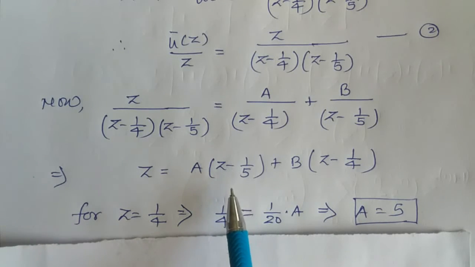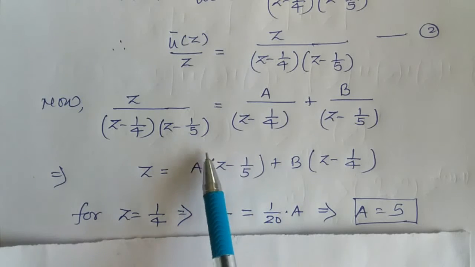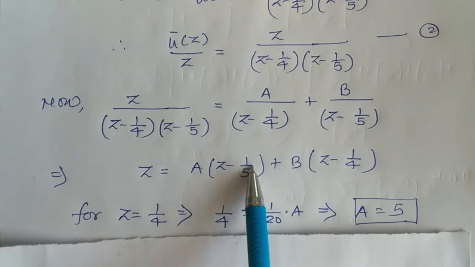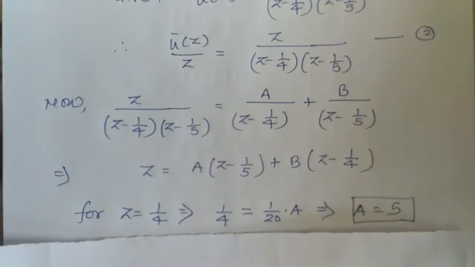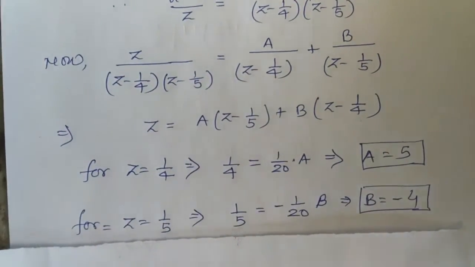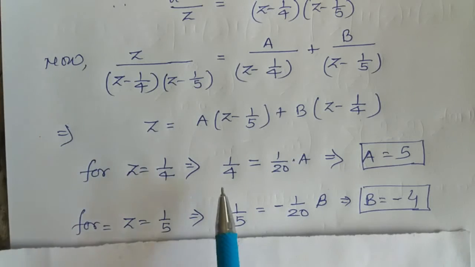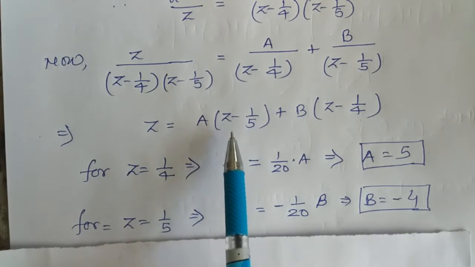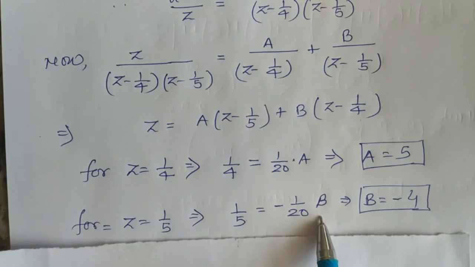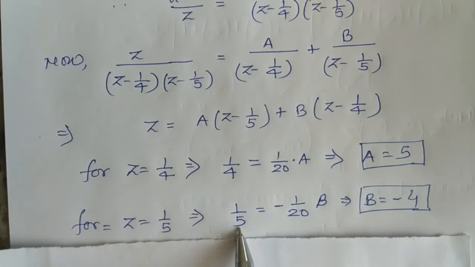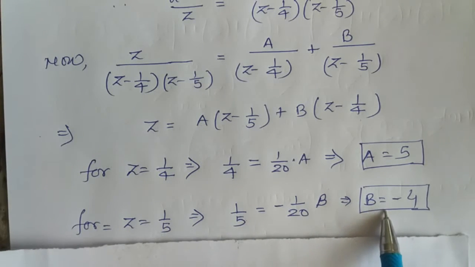Now for z equal to 1 by 5, we get 1 by 5 equal to, the A term is 0 for z equal to 1 by 5, and here 1 by 5 minus 1 by 4 gives minus 1 by 20, into B. Now simplify this: minus 20 by 5 is minus 4, so B equals minus 4.